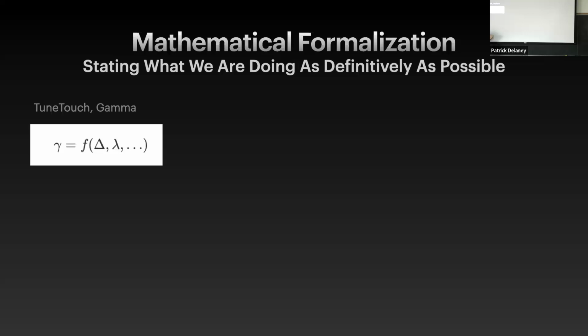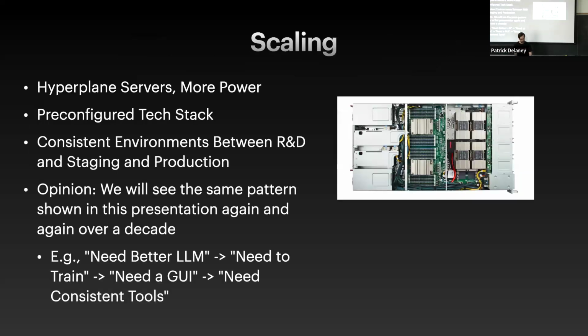That's what the whole formalization gets to. So this is the one equation I'll show: the goal of fine tuning is to create pleasing output that some human is going to say, yeah, this is an awesome app for this segment of people. And you can do that with open source language models. Okay, I talked about scaling as well.